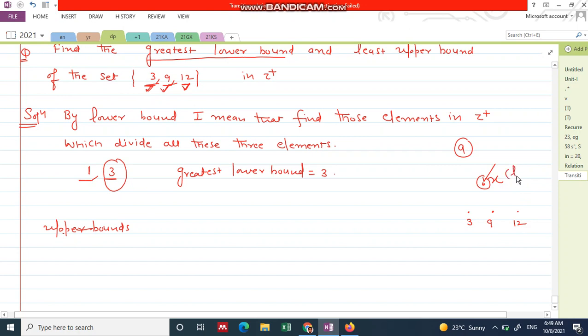That element is called the LCM of these numbers. So I find the LCM of these numbers now. 3, 9 and 12. First of all, I divide by 2. What do I get? 3, 9 and 6. Then again I divide by 2. 3, 9 and 3. Then divide by 3.